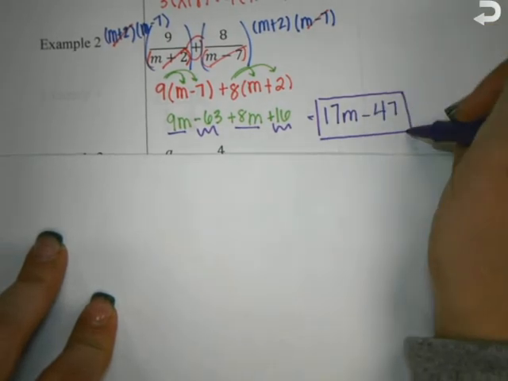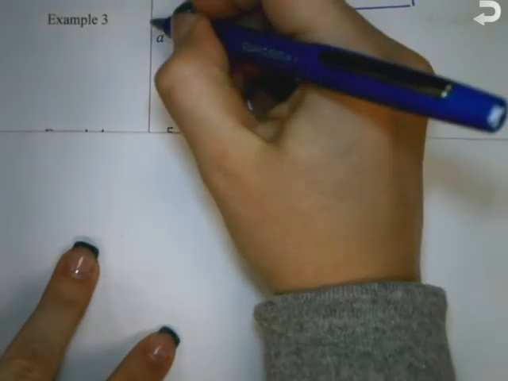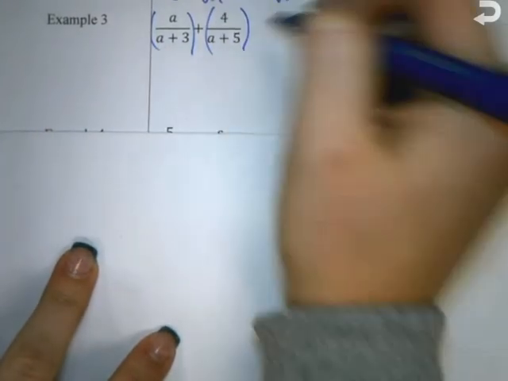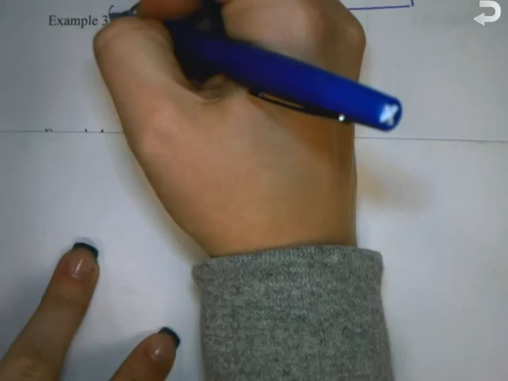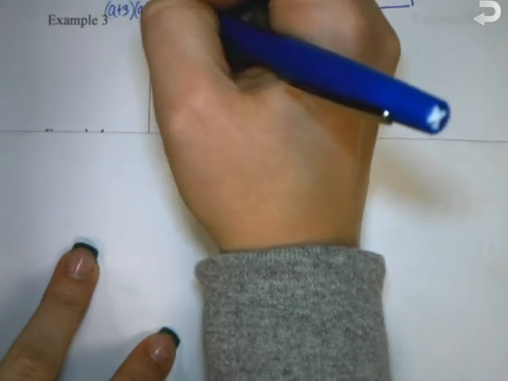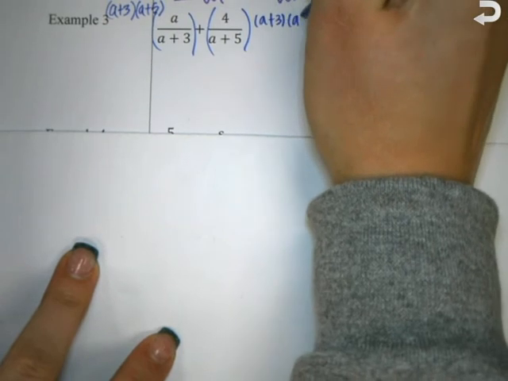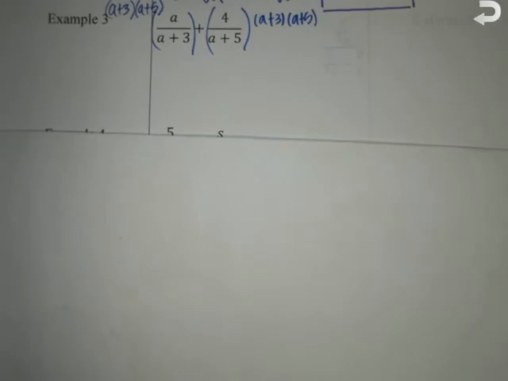Okay, so example 3. A over a plus 3 plus 4 over a plus 5. What's the LCD here? A plus 3 times a plus 5. Yep. So we multiplied both fractions by a plus 3 times a plus 5.